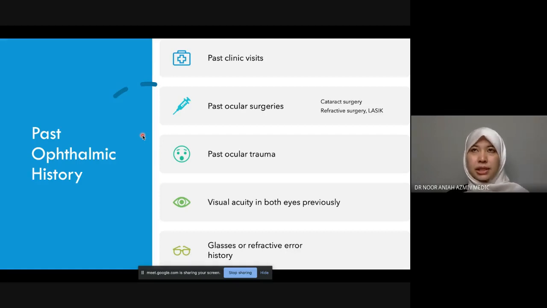Because some patients come to us and want to go for cataract surgery. So we try to give the best lens possible, and we try to estimate how well they can see after the surgery. Okay, and then it turns out that after the surgery they didn't do very well.